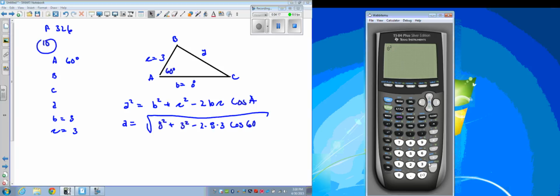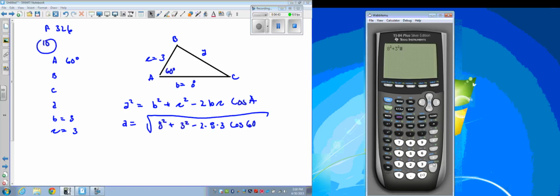But this calculator being what it is, you can go up and highlight it, so it's not a big problem, you can just do square root. If yours has a bracket, then you can do the square root, put the bracket, and then put all this stuff inside it. That's the way to do it. Then it just does it all at once.